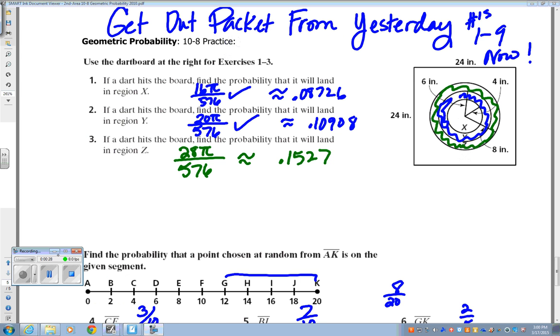Okay, so because you had to include the dartboard, the 24 by 24, just for the X region, X had a radius of 4, so 16. If you have 16 pi over 576, the exact answer, you will get full credit.